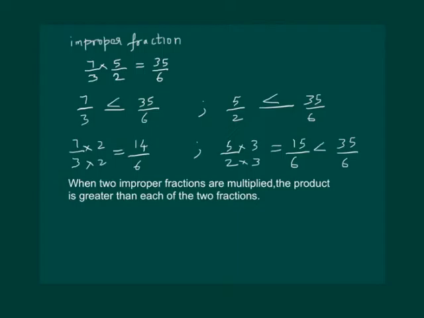And we can say that when two improper fractions are multiplied, the product is greater than each of them. Like in this case, 35 by 6 is greater than 7 by 3 and 5 by 2.